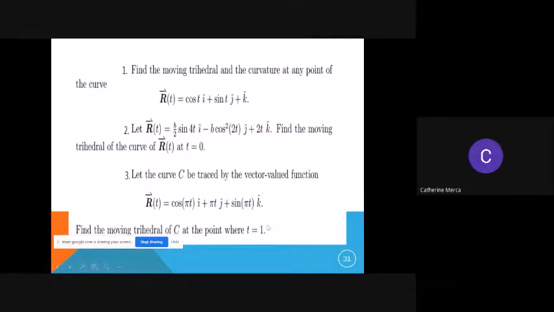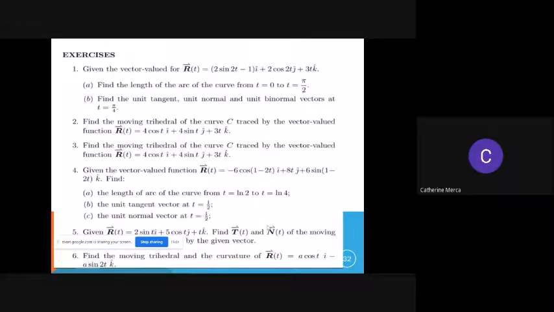So, page 31. Tapos, number 1 here, find the length of the arc of the curve from t equal to 0 to t equal to pi over 2. Find the unit tangent, unit normal, unit binormal at t equal to pi over 4. So, 1, 2, 3, and then ito ang ika-4.